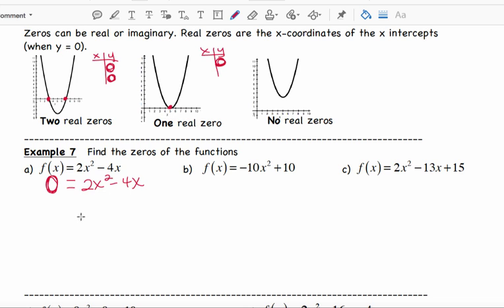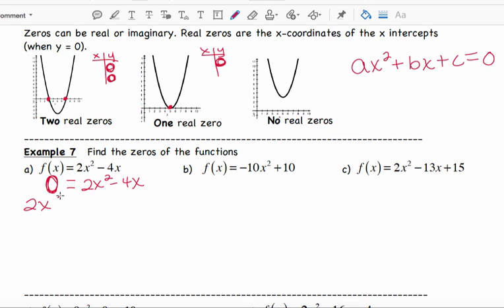And then I have a situation where I don't have a constant term. Standard form of a quadratic is ax squared plus bx plus c equals 0, and I am missing that constant term on the end. So I'm going to take out a greatest common factor to solve this.